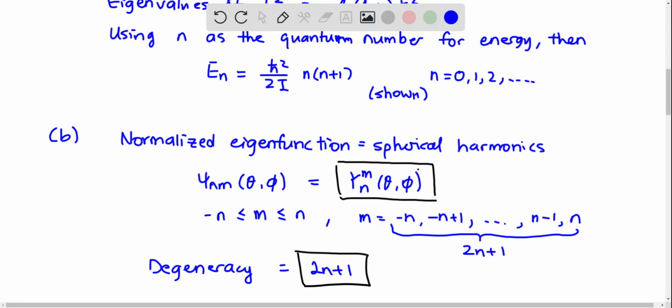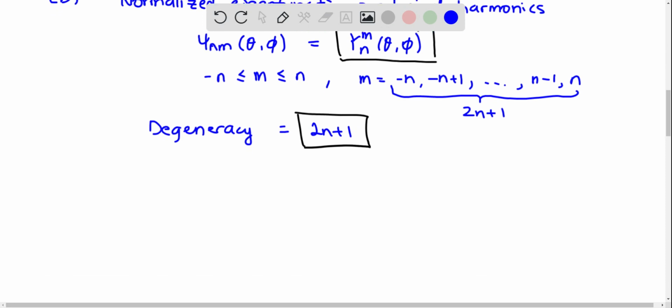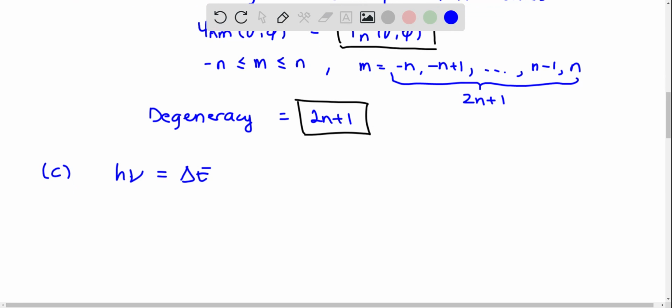Okay, next in part C, you want to find the energy spectrum of this system. The frequency that is emitted in the emission spectrum will be the energy transition between levels.